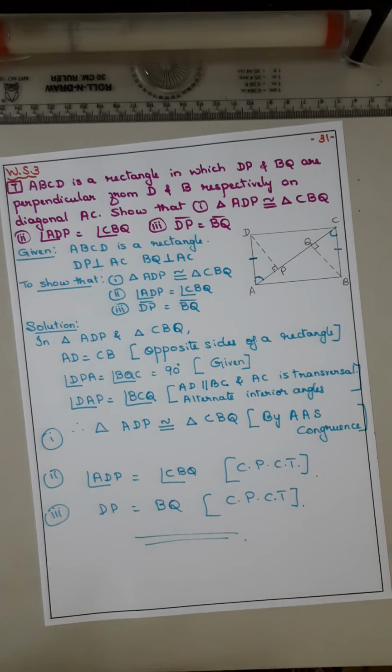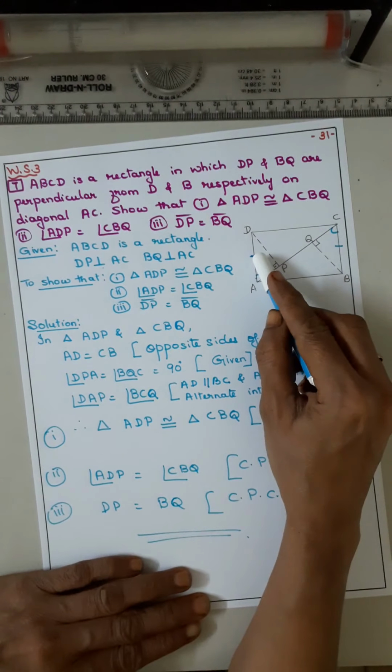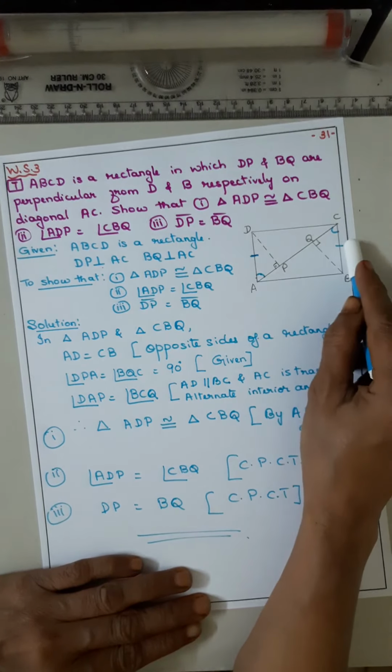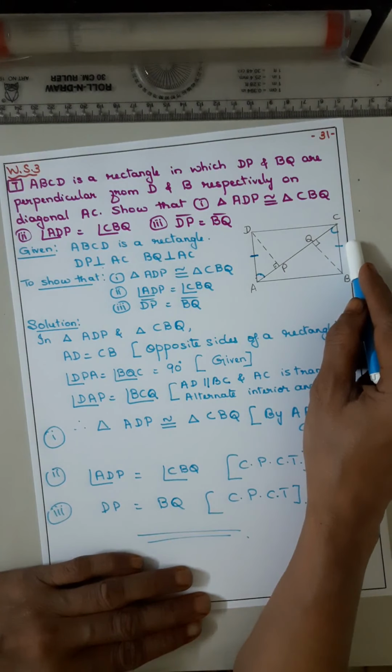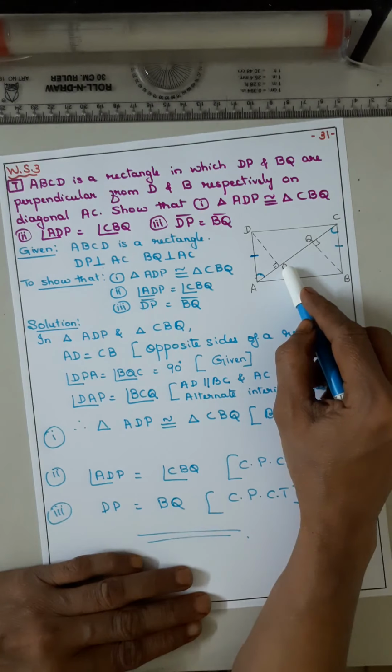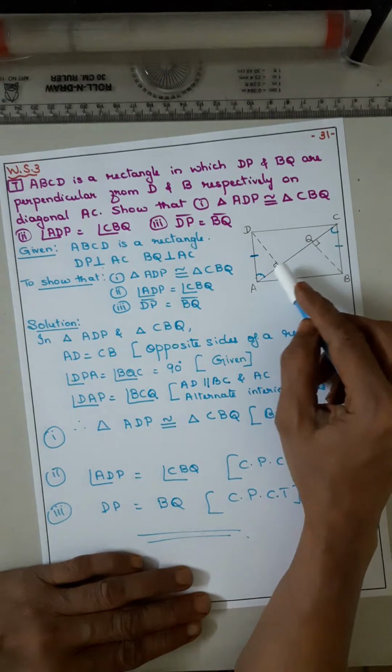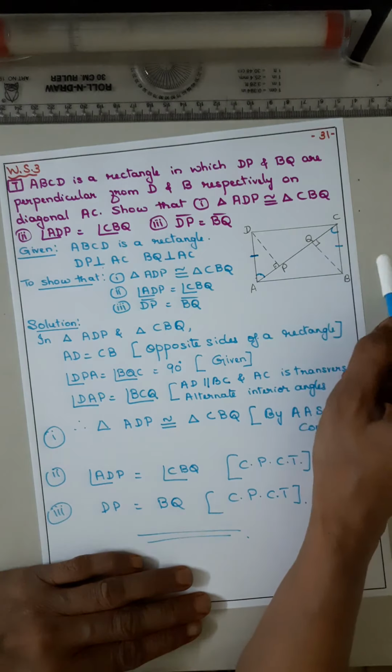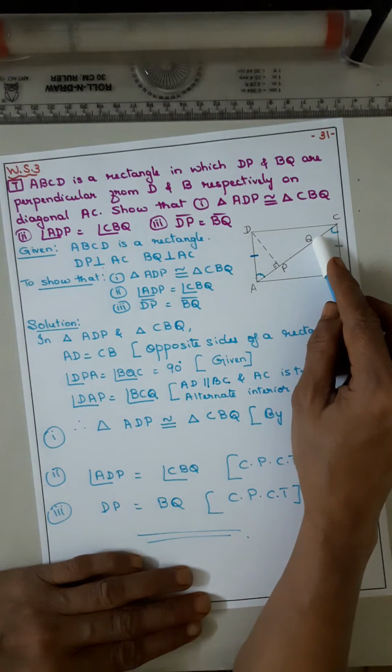So first you tell that those two triangles are congruent. How? First is the side, opposite sides of the rectangle. Then this 90 degrees, because DP and BQ are perpendicular to AC.